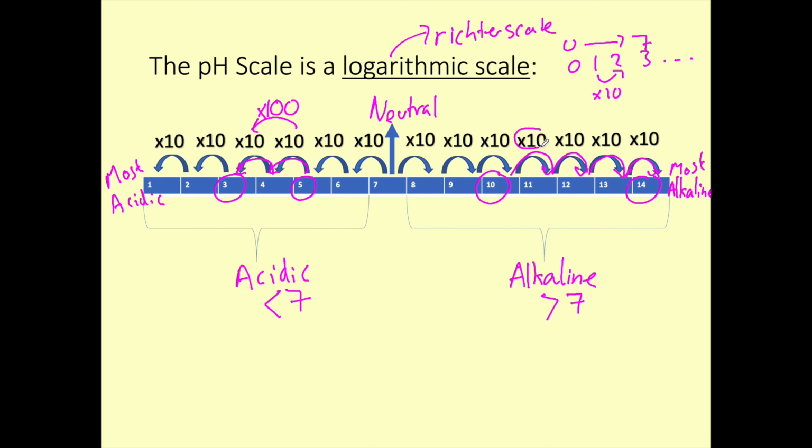That's 4 jumps, so that's 10 times 10 times 10 times 10. 10 times 10 is 100, times 10 is 1,000, times another 10 is 10,000. So therefore a pH of 14 is 10,000 times more alkaline than a solution of pH 10.